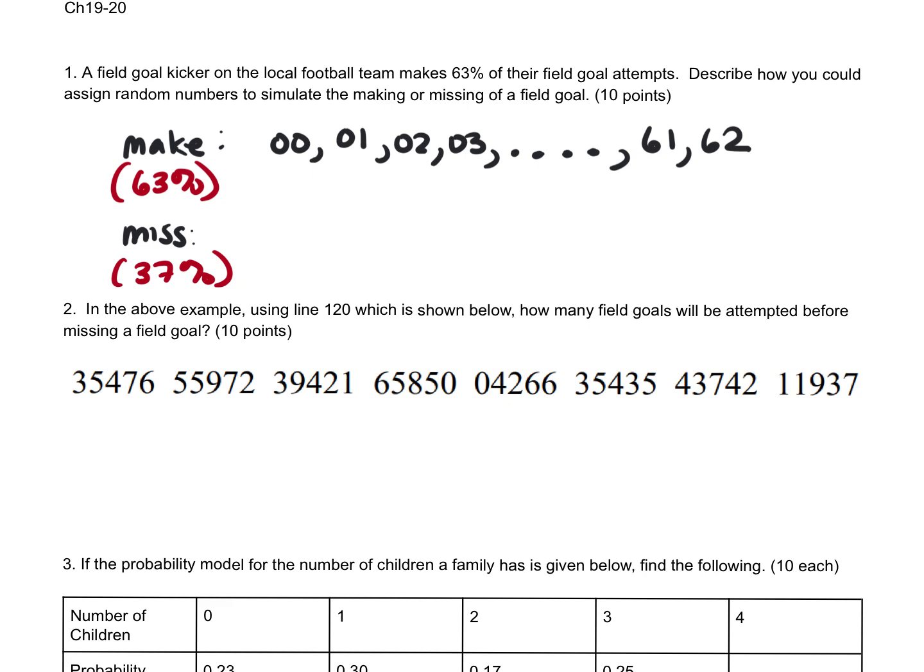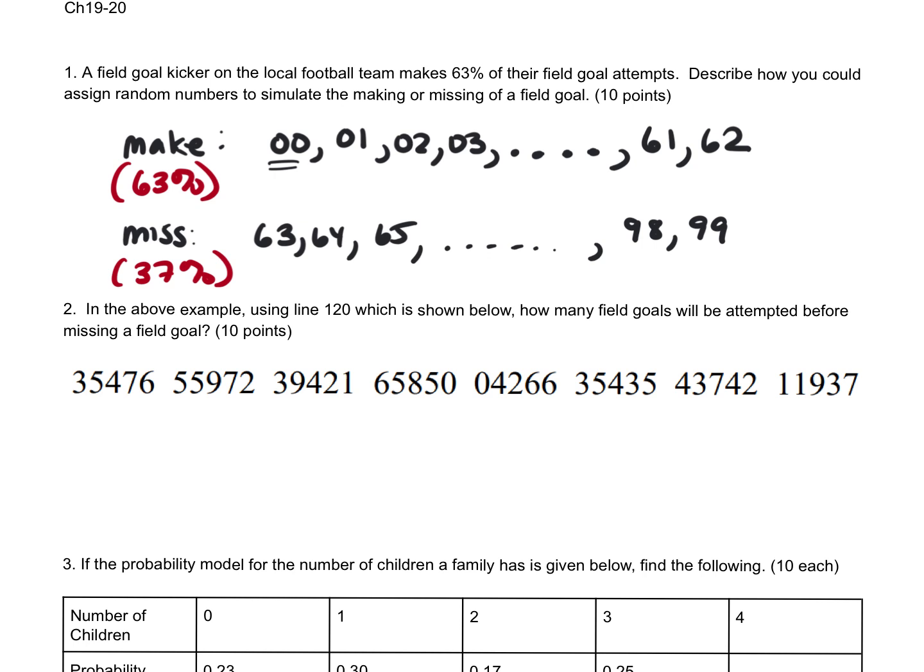The reason 62 is my last number and not 63, if I go 1 to 63, it would be 63, but because I have this 0, 0, that's an extra number. So 1 to 62 is 62 numbers plus the 0, 0. So those 63 numbers will represent make. The rest of the numbers would have to represent miss. So that would be 63, 64, 65, so on and so forth, all the way until we get to 98 and 99. So now we have all the digits assigned for make and miss.